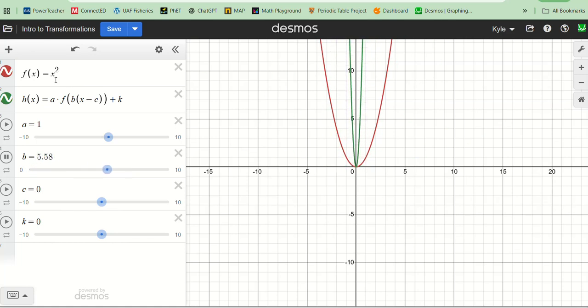So greater than 1, huge, right? What about between 0 and 1? Don't look at the number, I'll tell you. Thinner or more. So it says compressing. Or we stretch it out.